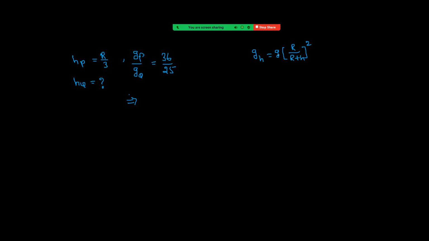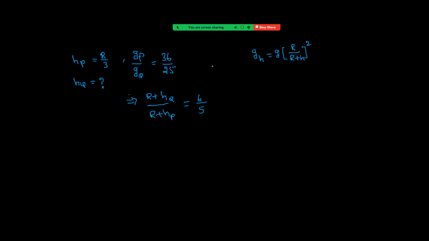That gives us G and G, both sides get cancelled. When I'm taking the ratio here, G gets cancelled, R square gets cancelled. Remaining is now R plus HQ by R plus HP is equal to 6 by 5, right?